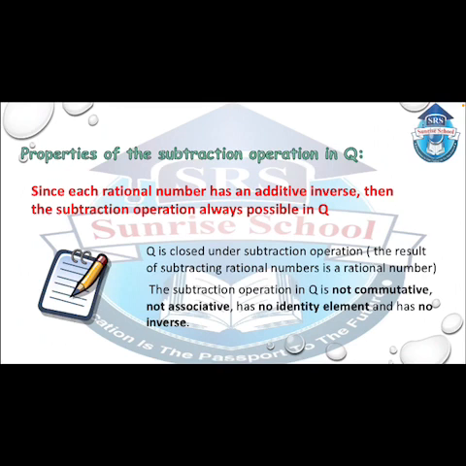That means that for any two rational numbers, the result of subtracting them will also be a rational number. The other properties are not available in subtraction, because subtraction in Q is not commutative and not associative, and has no identity element and no inverse element.